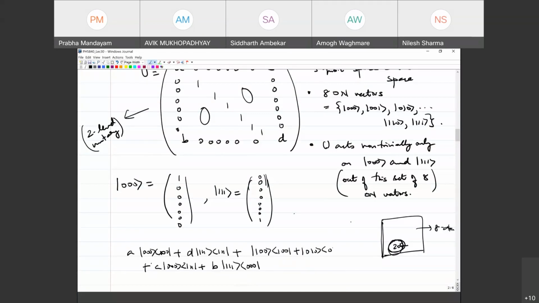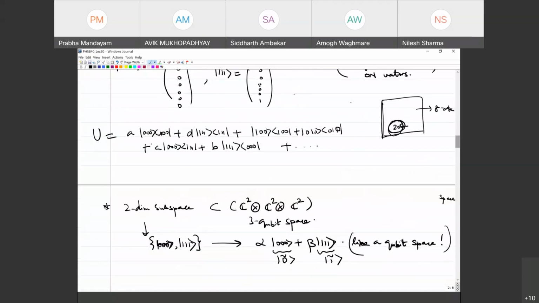It's essentially identity on the rest. So you're right, Siddharth. What I mean by non-trivial is that it is not simply identity on the rest of the space. It acts as identity on the rest of the space.